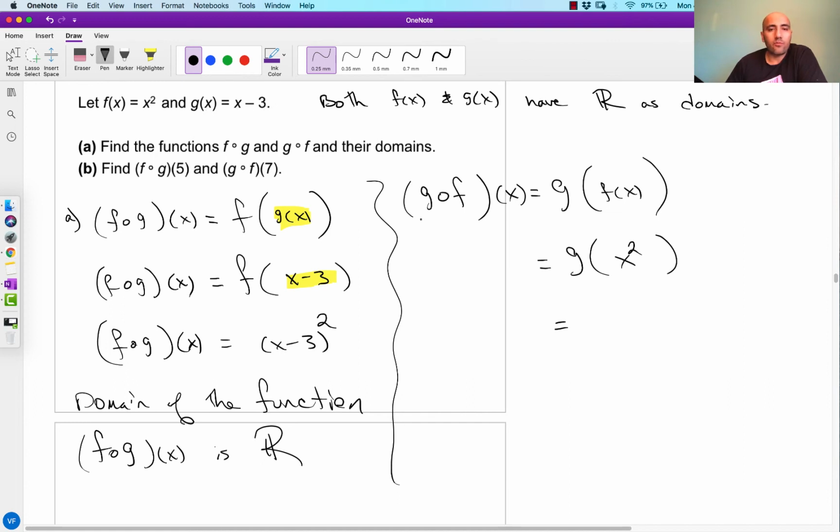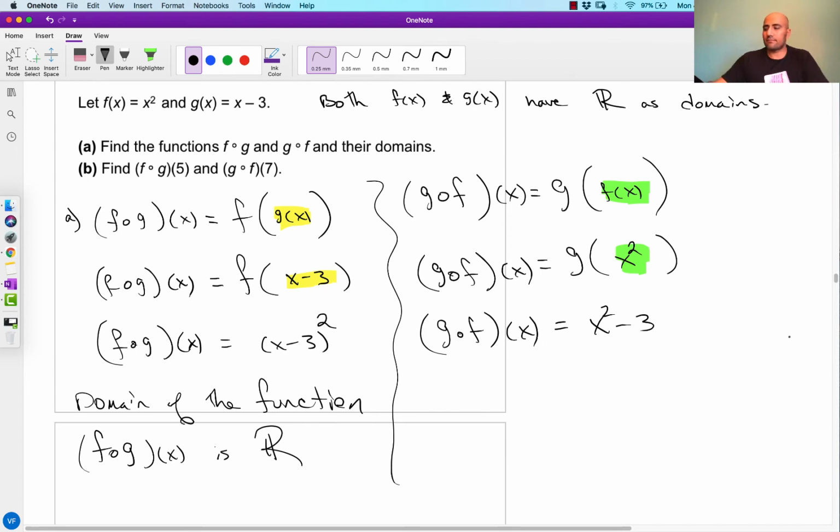Take 3 away from whatever the input is. So this one is just going to be that. Again, that's because this is the input there. So g composed with f of x is equal to that. Okay, and just like over here, the domain of this function is also going to be all the real numbers.